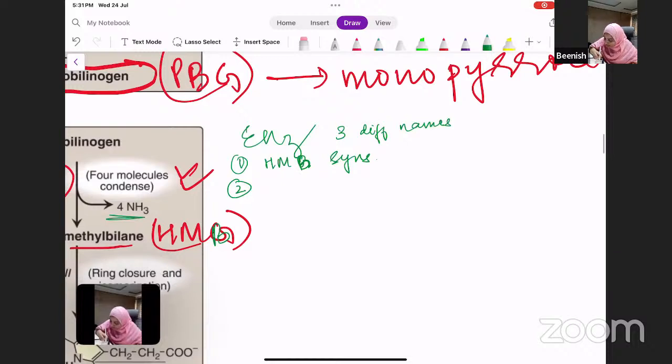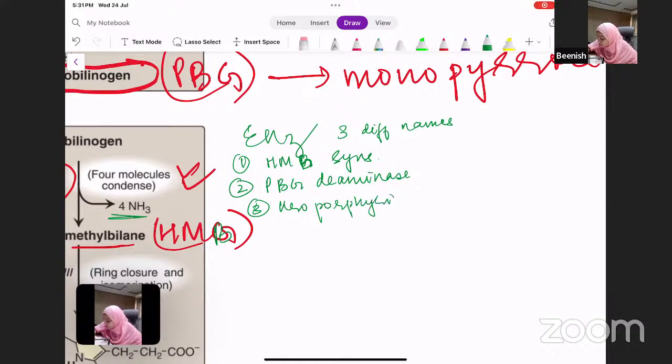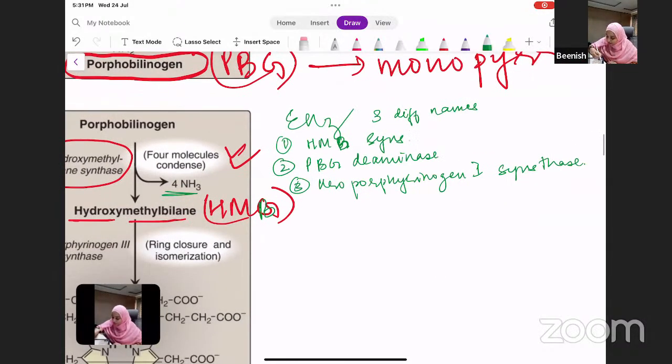Then, as you can see, ammonia is being released, so it is also known as PBG deaminase, that is porphobilinogen deaminase, and it is also known as uroporphyrinogen 1 synthase. Now, this HMB, hydroxymethyl bilane, that is formed is a linear tetrapyrrole.